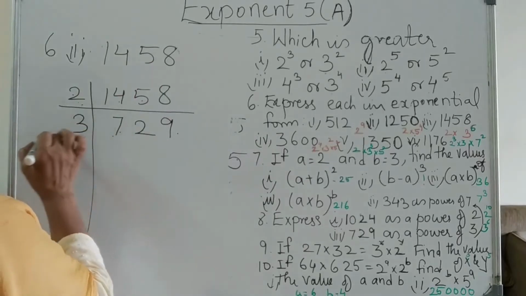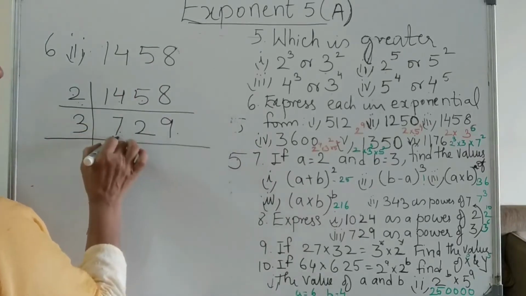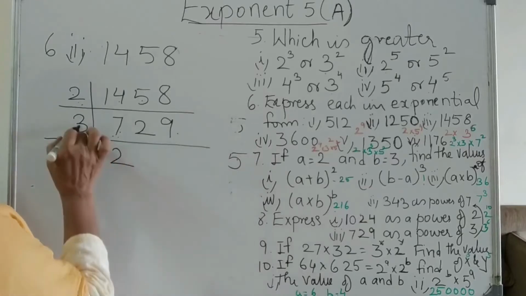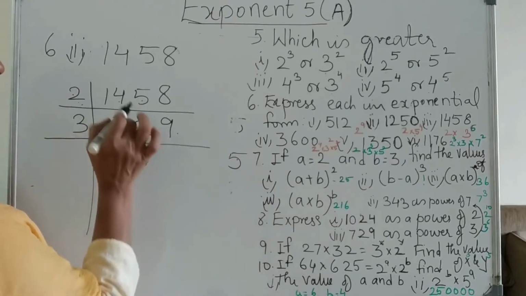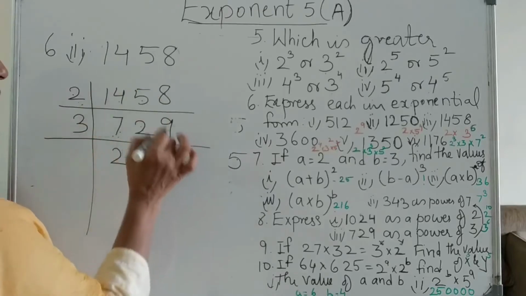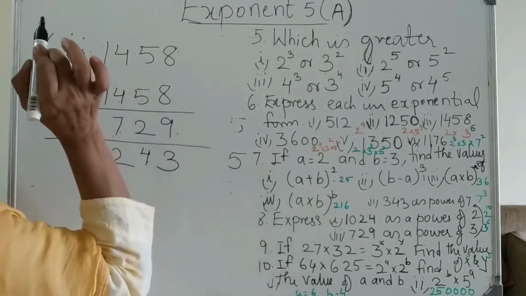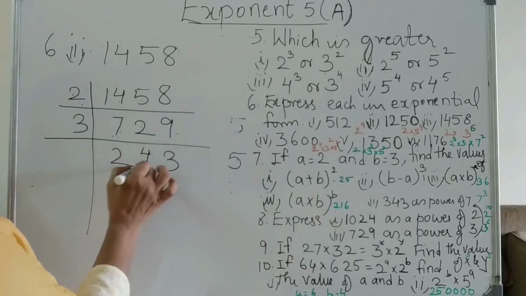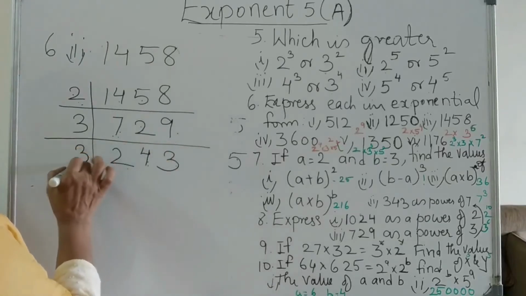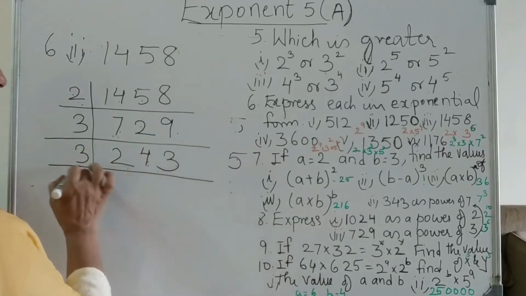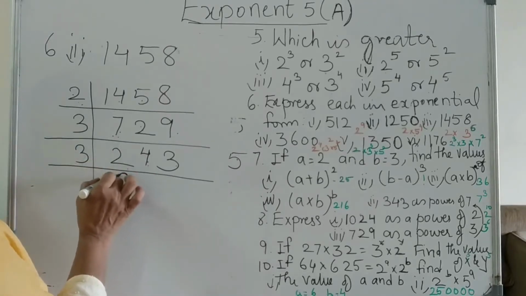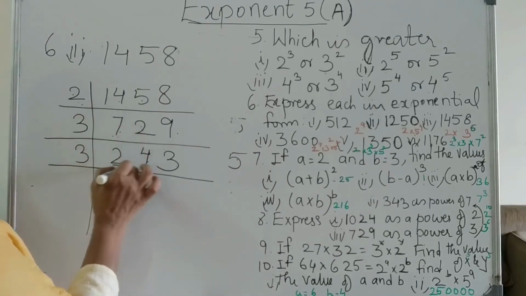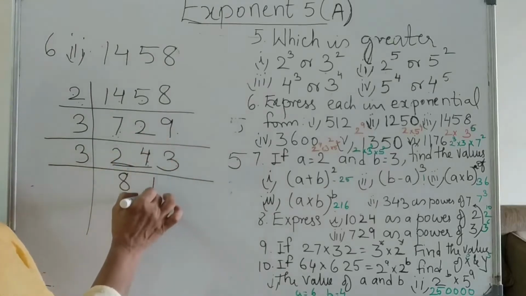So you start with 3. 3 2s are 6. 1 is remaining. 12. 3 4s are 12. Now 3 3s are 9. So here you have got 243. Again it can be divided by 3. 3 8s are 24. 3 1s are 3.